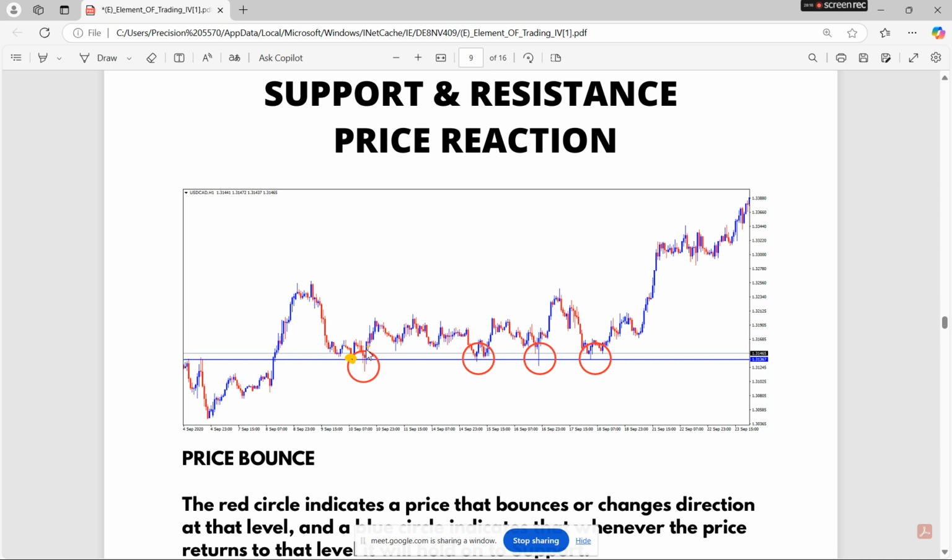So he bought because the market came at the buyer zone or support zone and then got confirmation and bought. Because support is an area of buyers and the market has to get off from that area.